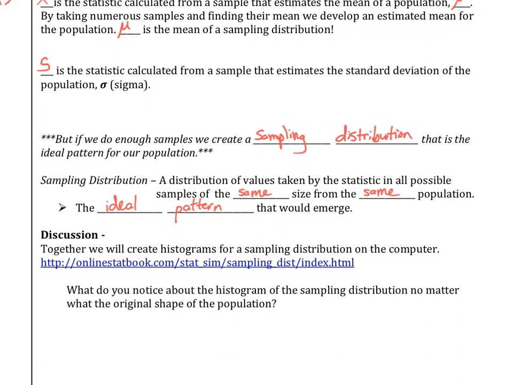So basically what this means is if you want to find the average height for a high school student, okay, we'll use height because height's kind of simple. If you took a sample of 20 high schoolers and found the average height, and then somebody else did 20 high schoolers and found the average height.